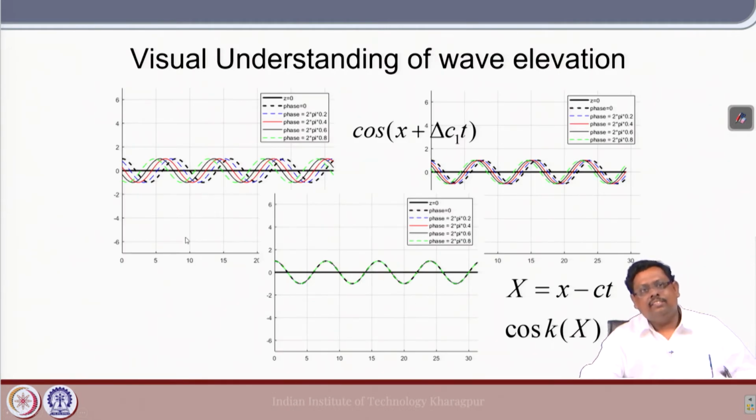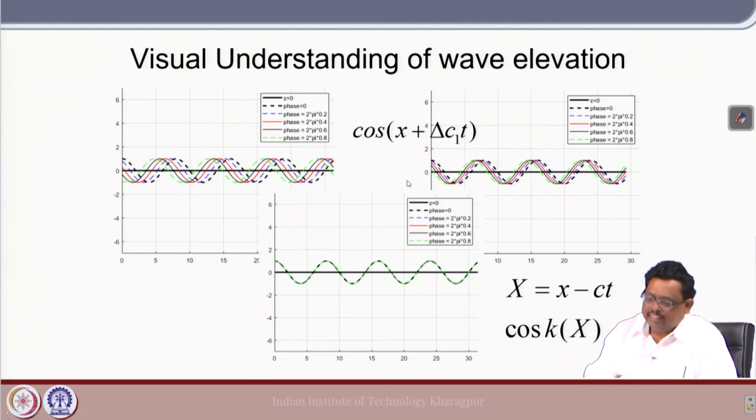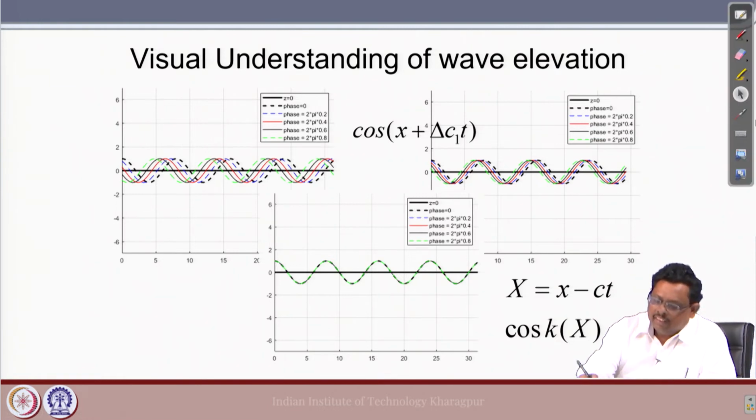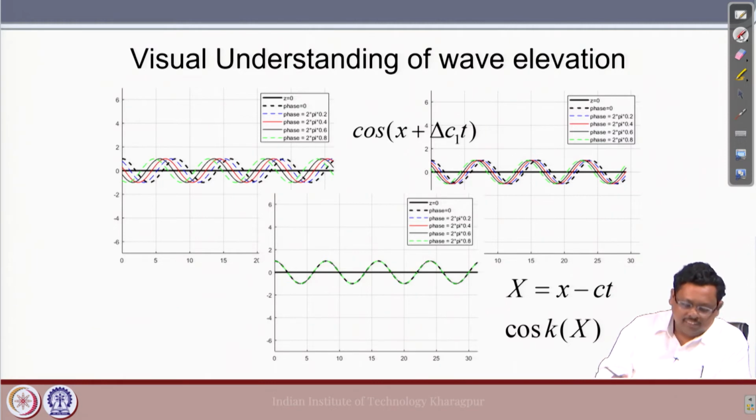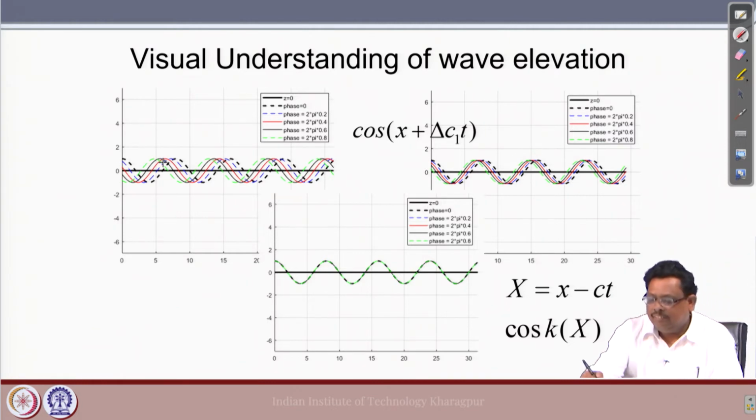This is the first thing you can see: assume that the wave is moving slowly from here to here. Let us see it in some other way. Assume that the wave is travelling with a speed c. So, what is happening in this particular picture?